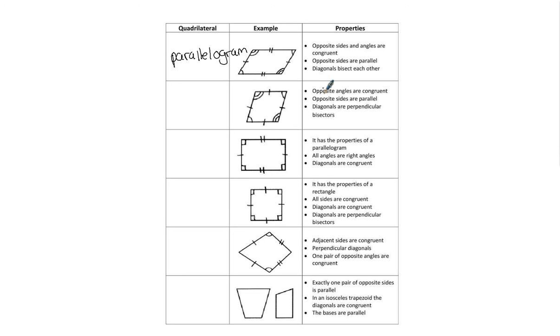Next shape we have, it says opposite angles are congruent. Opposite sides are parallel. Diagonals are perpendicular bisectors. And looking back at our notes, we see that this is a rhombus.